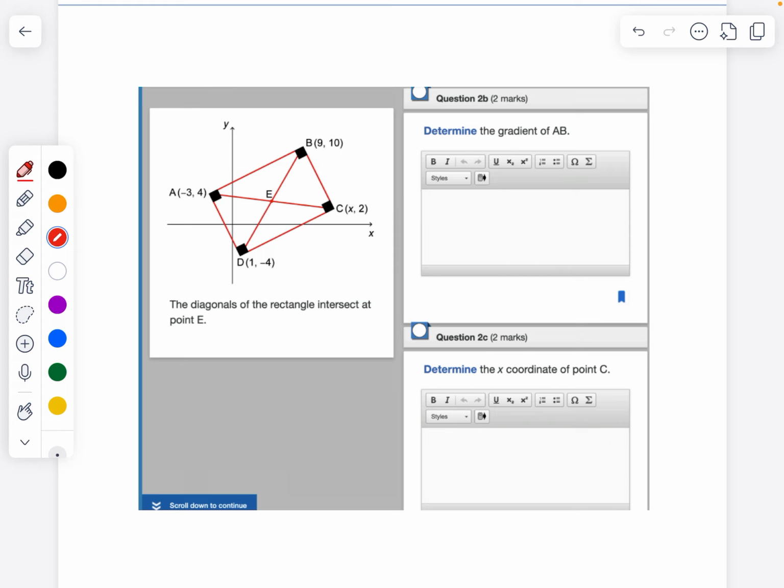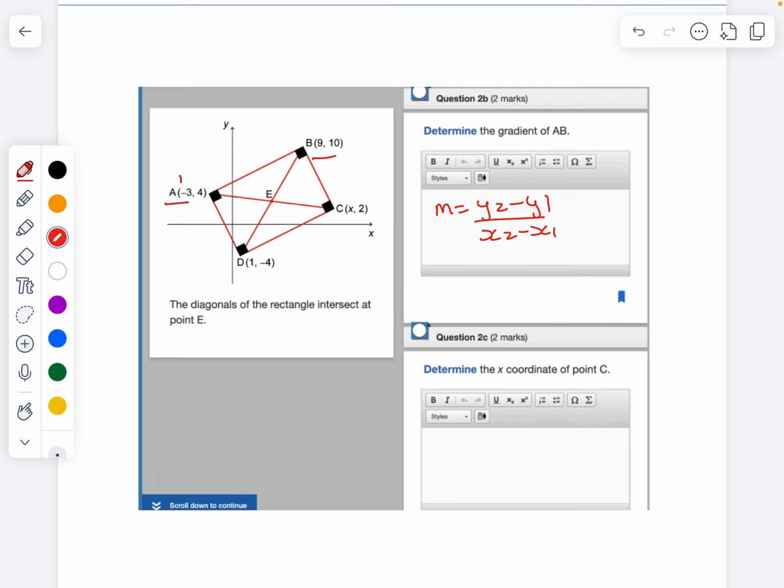So this question is talking about the gradient of... We've got this rectangle, we've got some points. In rectangles, we know all the angles are 90 degrees. We've got a point in the middle, which is E, which is the midpoint of A to C and B to D. The first thing it wants us to do is work out the gradient of A to B. So we're going to put that into the formula, which is y2 minus y1 over x2 minus x1.